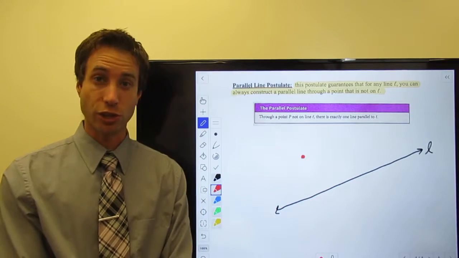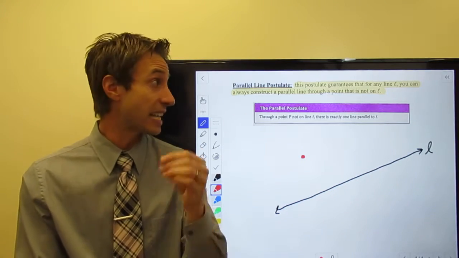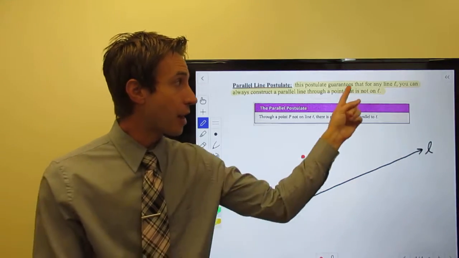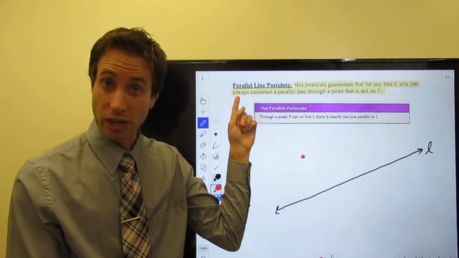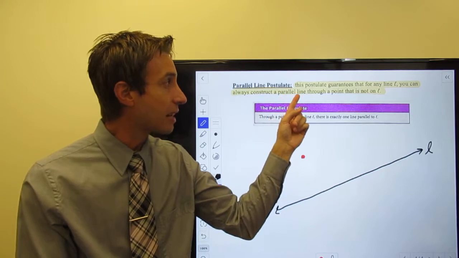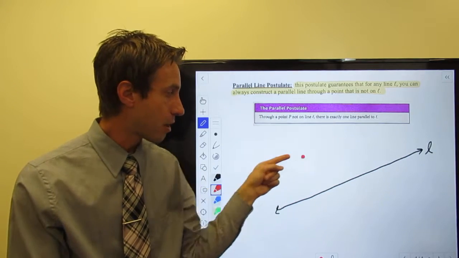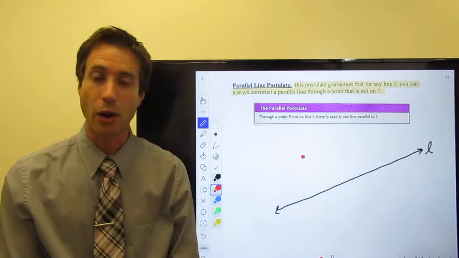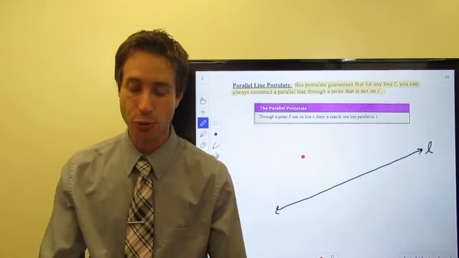Now here's what this postulate says. This postulate guarantees that for any line L, here's my line L, I can draw or construct a parallel line through this point, right? That's parallel to line L. Now there's an infinite number of ways to draw a line through that point.